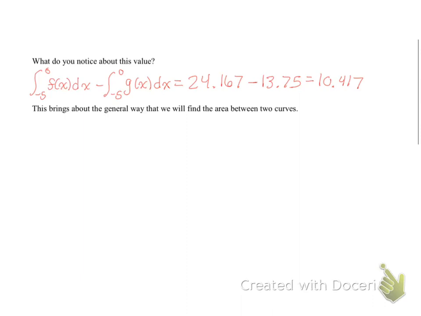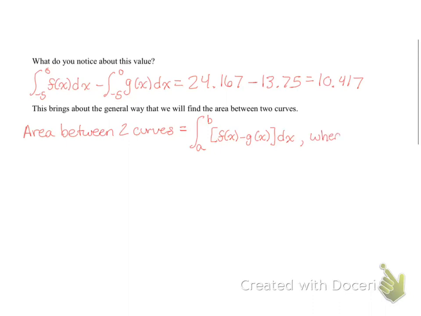So in general, we find the area between two curves. Area between two curves is equal to the integral from a to b of f of x minus g of x dx.